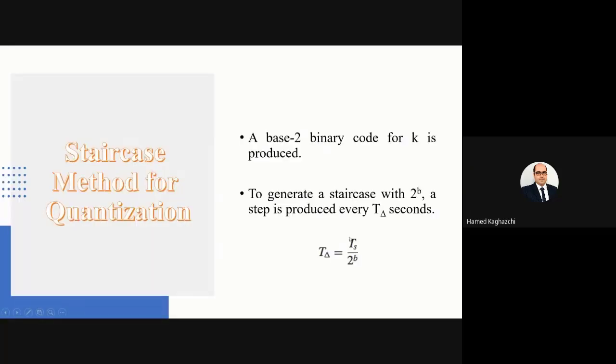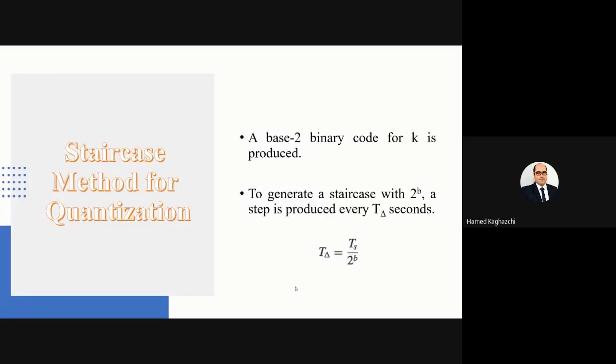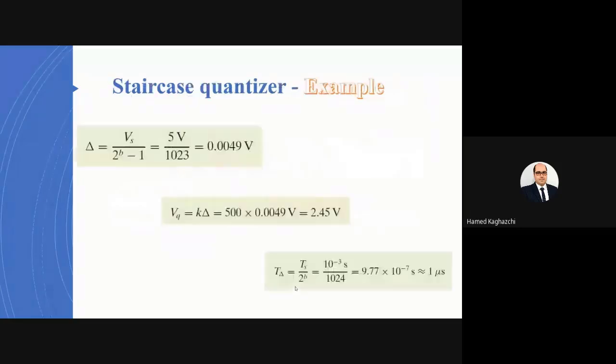T delta is the sampling period divided by 2 to the power of B, and VQ, the quantized voltage, is K times delta. And we learned that delta can also be obtained using Vmax divided by 2 to the power of B minus 1.